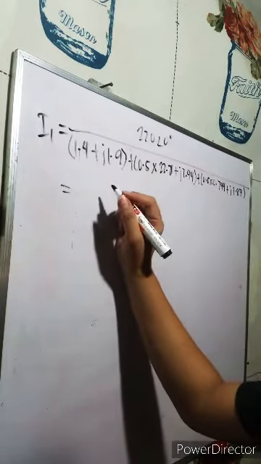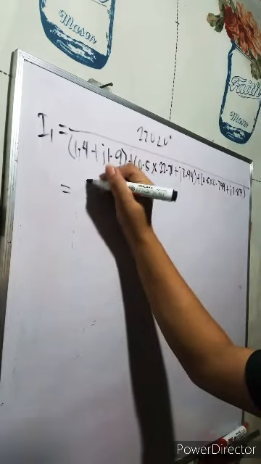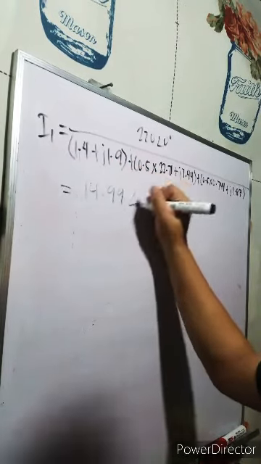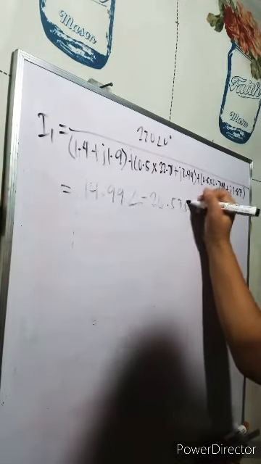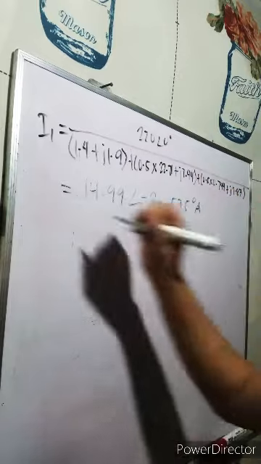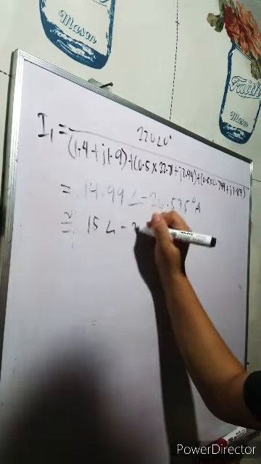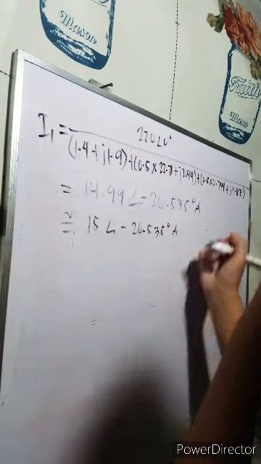So it is equal to 14.99 angle negative 26.535 amperes, or approximately 15 angle negative 26.535 amperes.